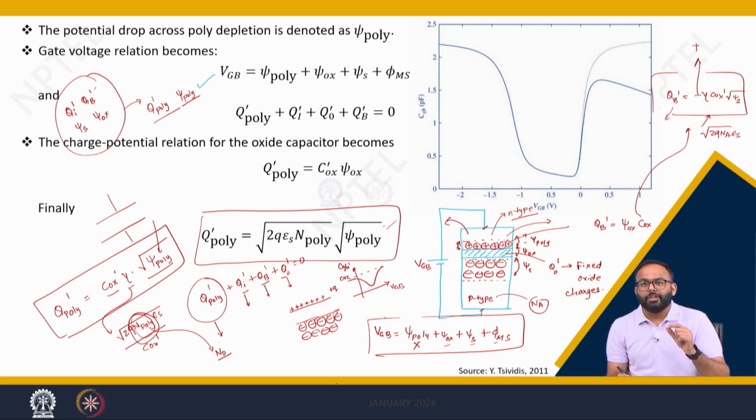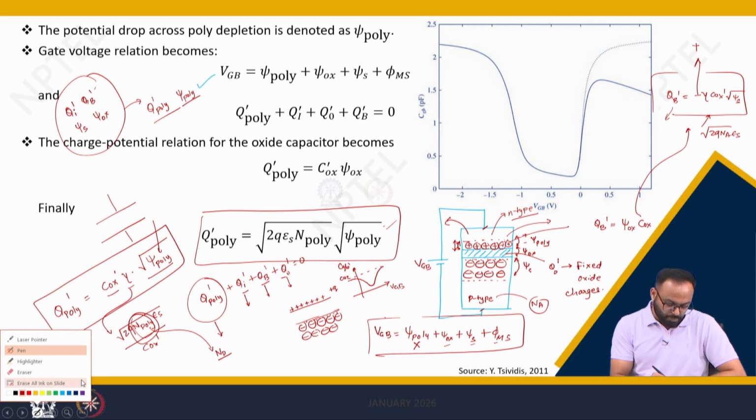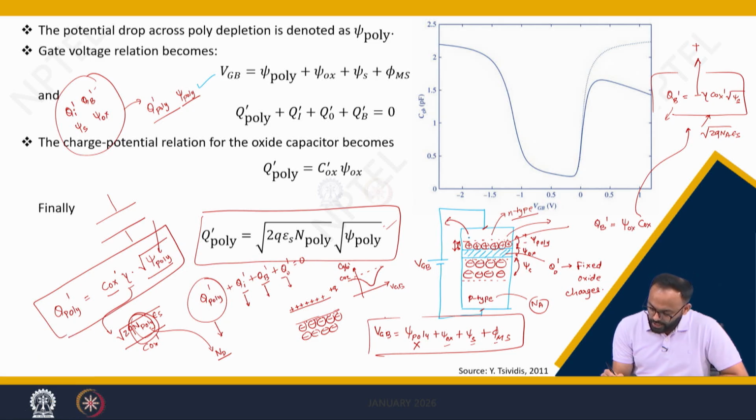Now, when you introduce the polysilicon layer, the polysilicon depletion region expands in the polysilicon gate, and because of that the overall capacitance is reduced, because the thickness of the polysilicon depletion comes into the picture. The expansion of this polysilicon layer increases the separation between the positive charge which you applied through VGB and the negative charge near the surface.